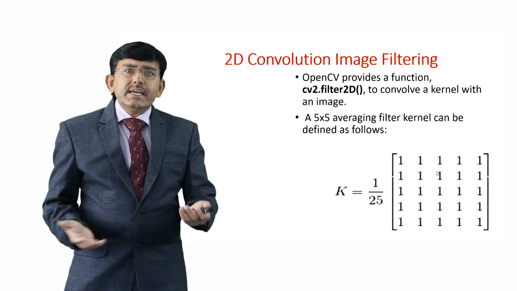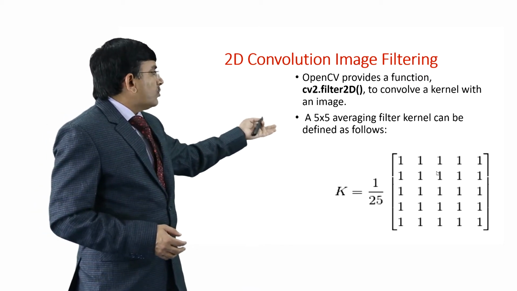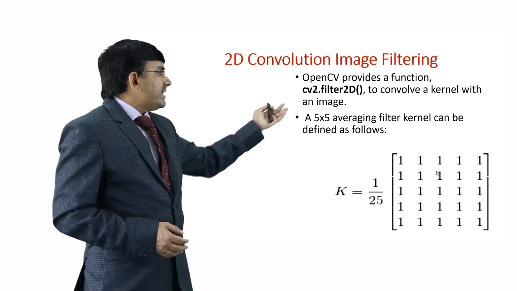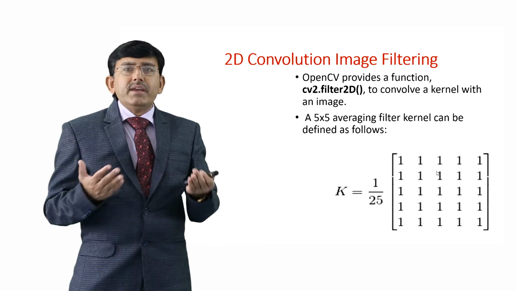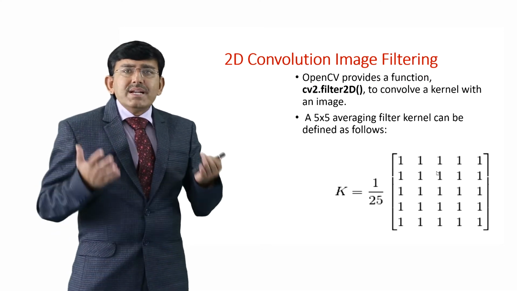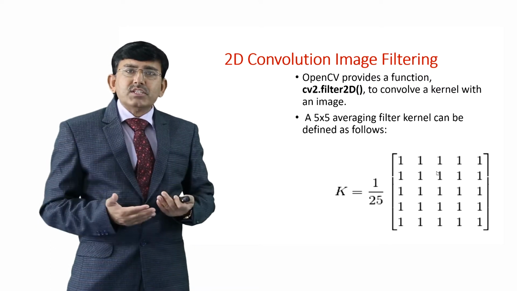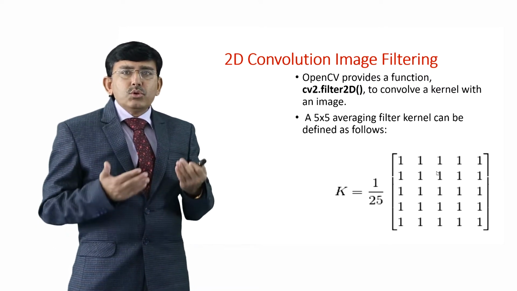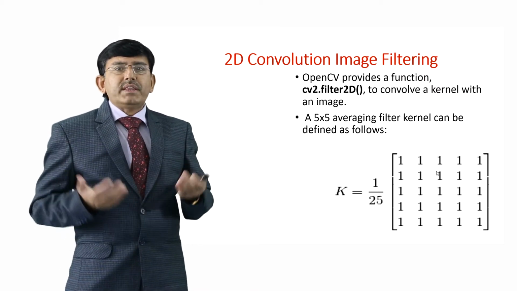Now, let us see the two-dimensional convolution filter, and how to process images in Python. OpenCV provides an inbuilt set of functions for convolution, and the main function is cv2.filter2D to convolve a kernel with an image.